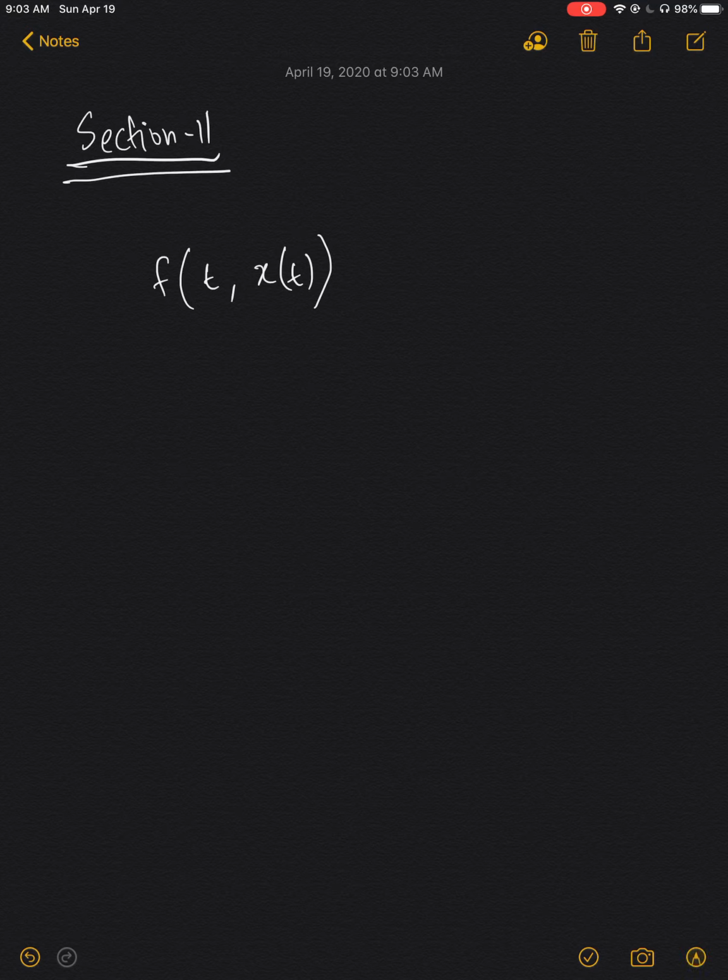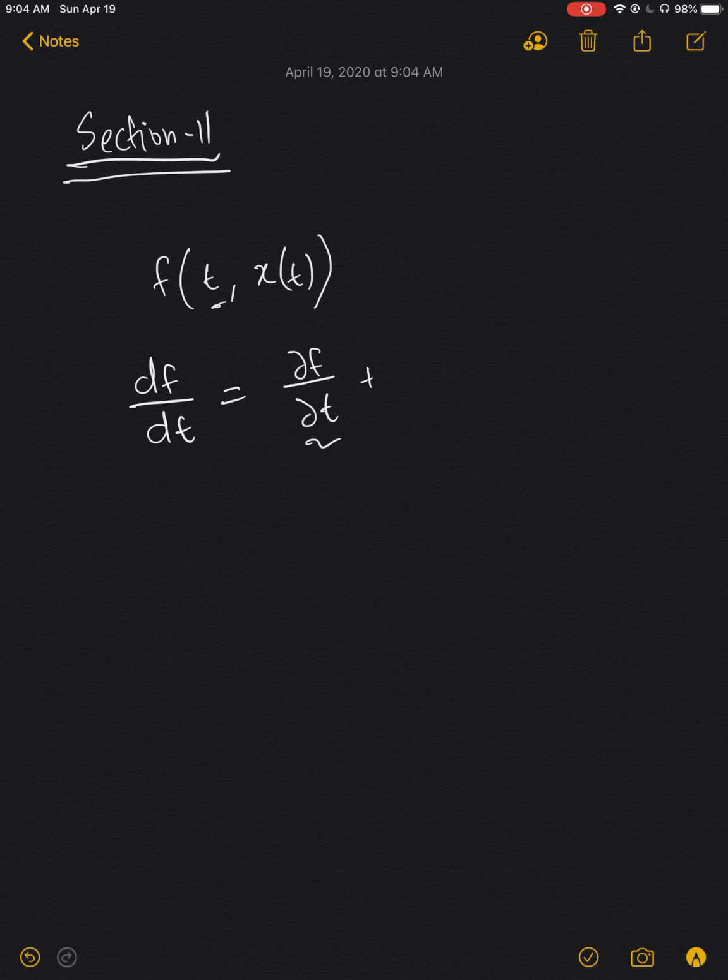Okay. Now, if you want to figure out how f changes when you change t a little bit, you have to take two things into account. You have to take into account the direct effect on f when you change t. So you change t, you directly change f, so you have to take that into account. That's just this.